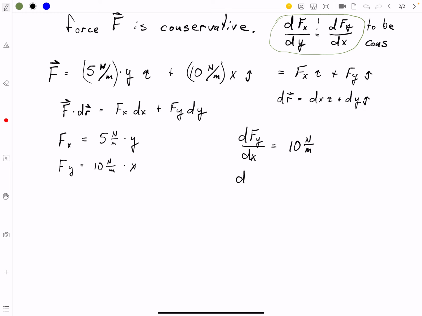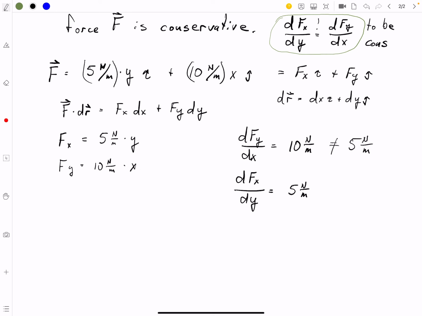We're going to do the derivative of F of x with respect to y, and that happens to be 5 newtons per meter. And if you notice, those are not equal to each other, right? So that does not equal 5 newtons per meter.